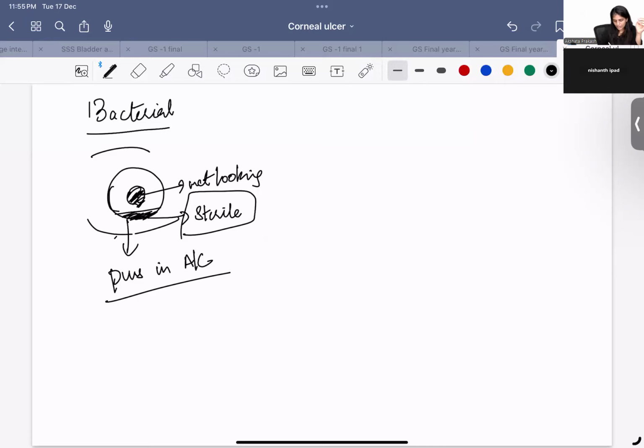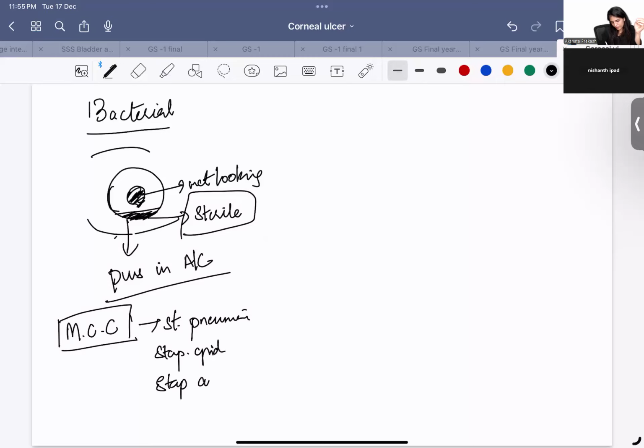Coming to the organisms most commonly involved in bacterial corneal ulcer, you have Streptococcus pneumoniae, Staph epidermidis, and Staph aureus. There are many more, but we have to remember 4 organisms which are known to penetrate intact cornea.